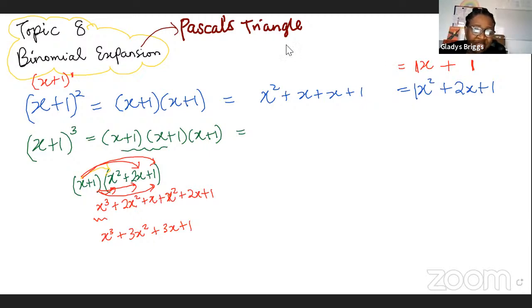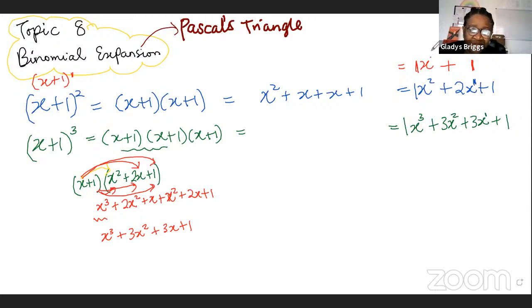This would be equal to 1x cubed plus 3x squared plus 3x plus 1. I'm going to put 1 on the top here, 3x to the power of 1, and 1 on the top here.